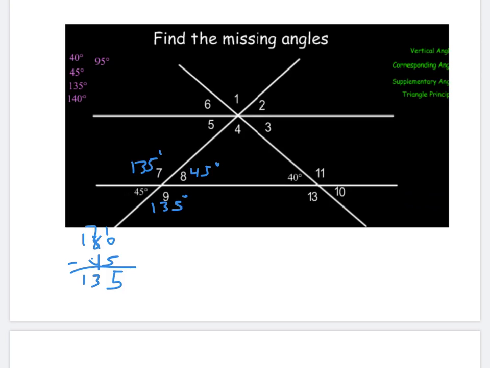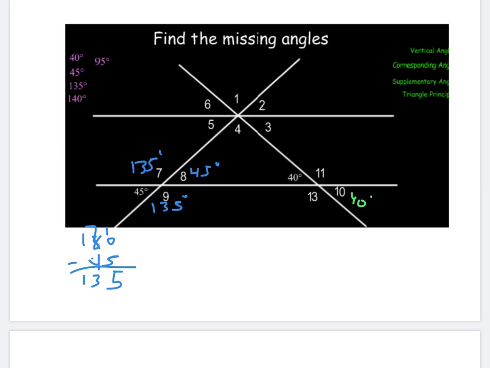Now, I can do the exact same thing on the other side with what we know. So I know that the 40-degree angle is vertical, or is across from, angle 10. So I know that angle 10 has to have the same measurement as the 40-degree one, so it has to be 40 degrees. I know angle 10 and 11 make the straight line underneath them.